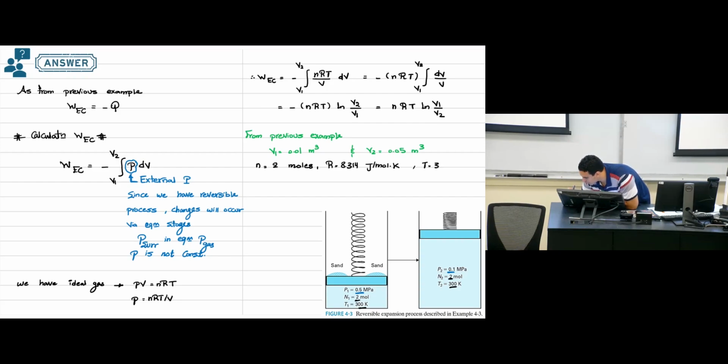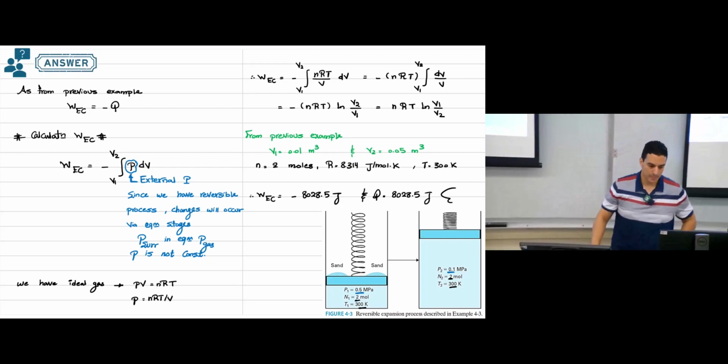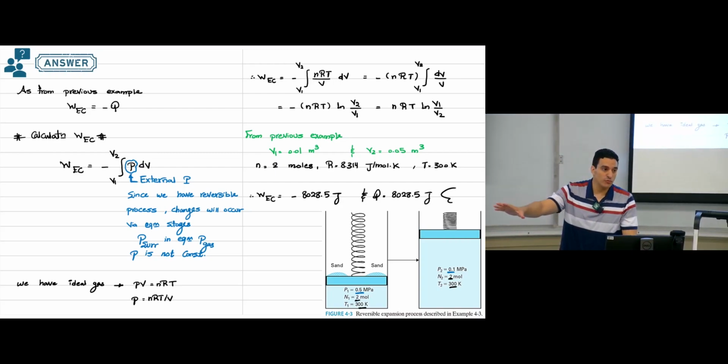Temperature is constant, 300 Kelvin. So these are all the numbers we have. Then substitute in the equation, and you will see this time the work of expansion contraction is negative 8028.5 joule, and Q, the amount of heat, is 8028.5 joule, and this is what we need to find. So the amount of work and the amount of heat will be different depending on whether the process is reversible or irreversible. Clear? See you next lecture.